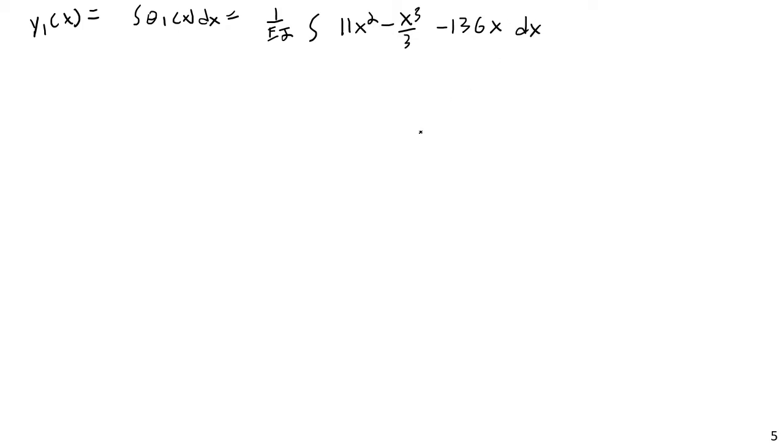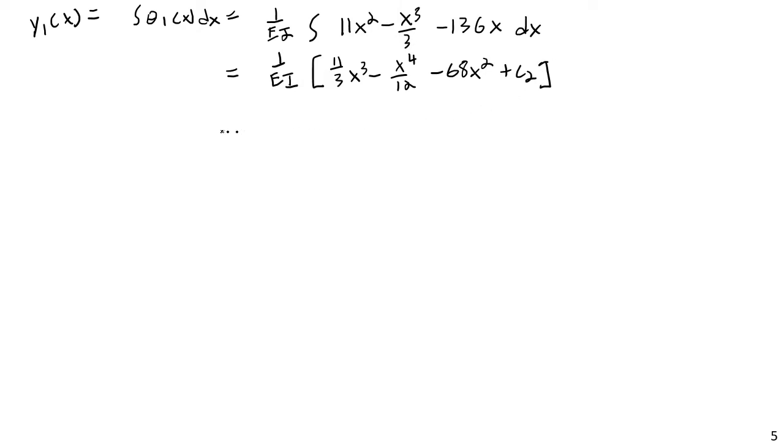And the integral of that is going to come to 1 over EI times 11 over 3 x to the third, minus x to the fourth over 12, minus 68x squared, plus C2.